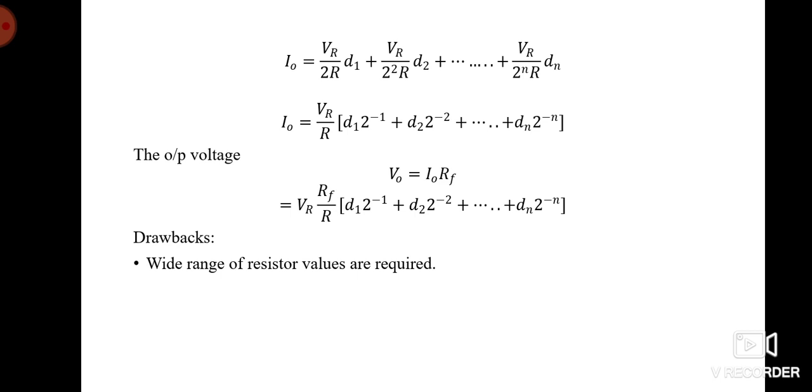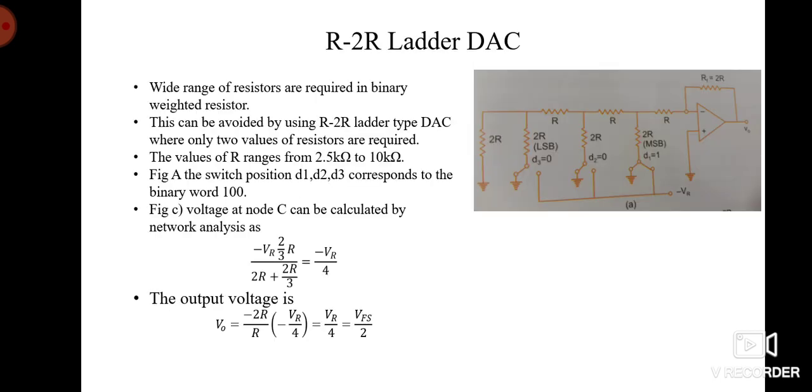For a 12-bit DAC, the largest resistor requires 5.12 megaohm if the smallest is 2.5 kilohm. Also, the voltage drop across such large resistors due to the bias current could affect the accuracy of the circuit. To overcome this, we go for the next one, the R-2R ladder DAC.